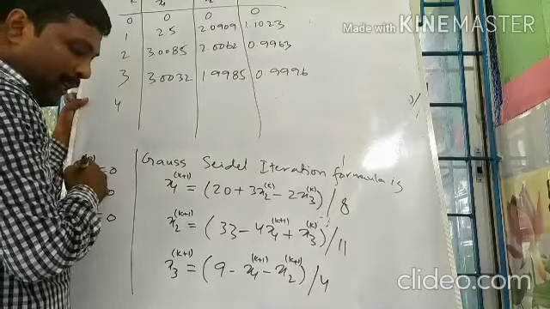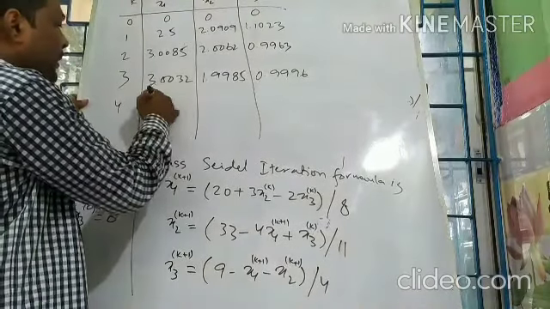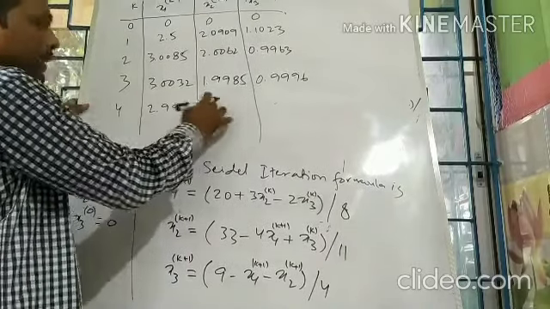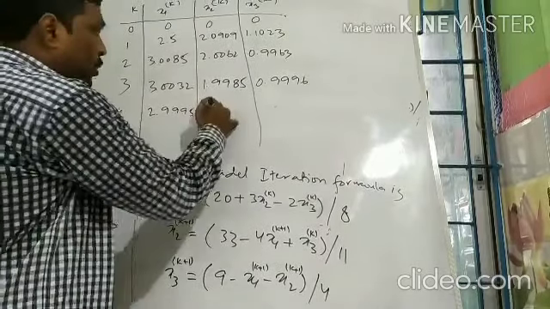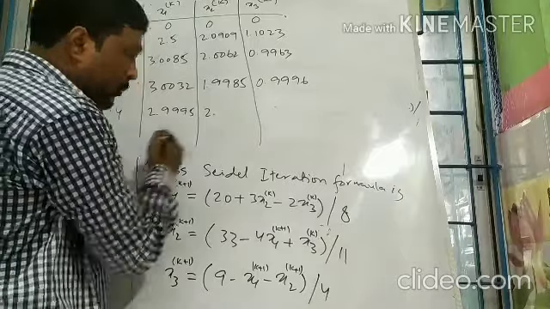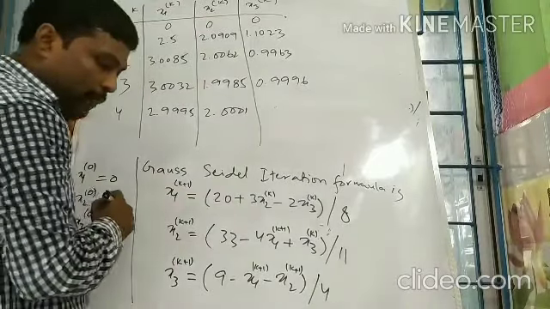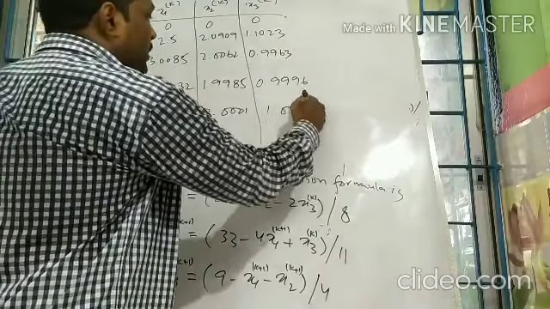This is 3.0005. Okay. x2 is 2.0001. And x3 is 1.0001.